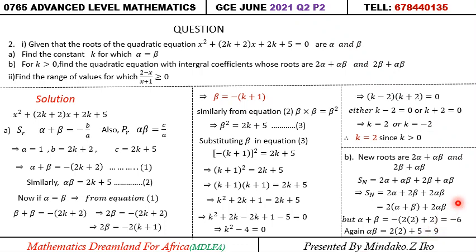So with these values, we can actually look for the sum of new root from here. I'll just take these values and substitute them here.